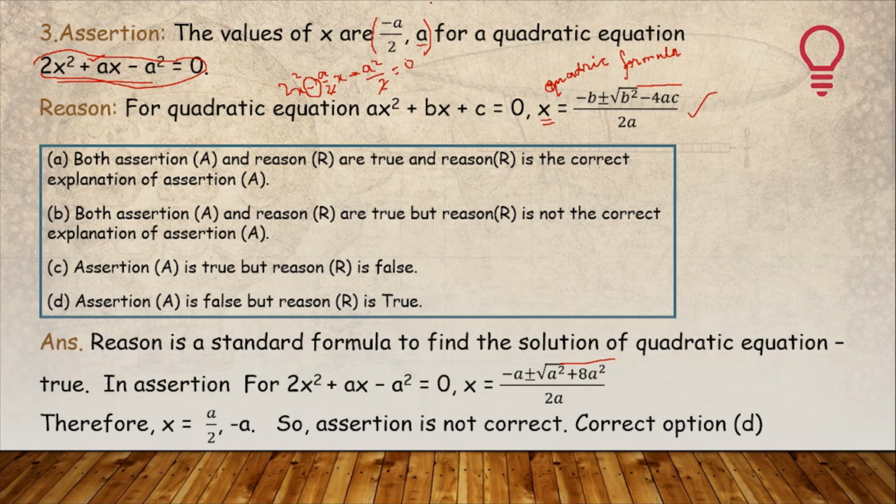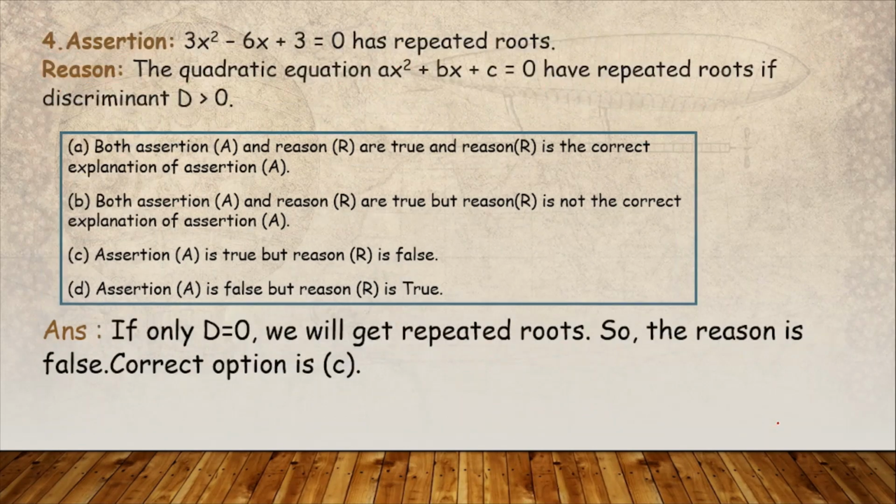If it is plus ax, these are not the zeros. Or directly you can use this formula and find the zero of this equation. This is what we have done here. We use the formula and find the zero. Some other value we are getting. We are not getting minus a by 2 or a. So the assertion is false. I told you, if any one of the statements is false, you go for option A or D. If the assertion is false, go for the last option D. So the correct option is D. Check each and every symbol too. Then only you will get the correct answer.